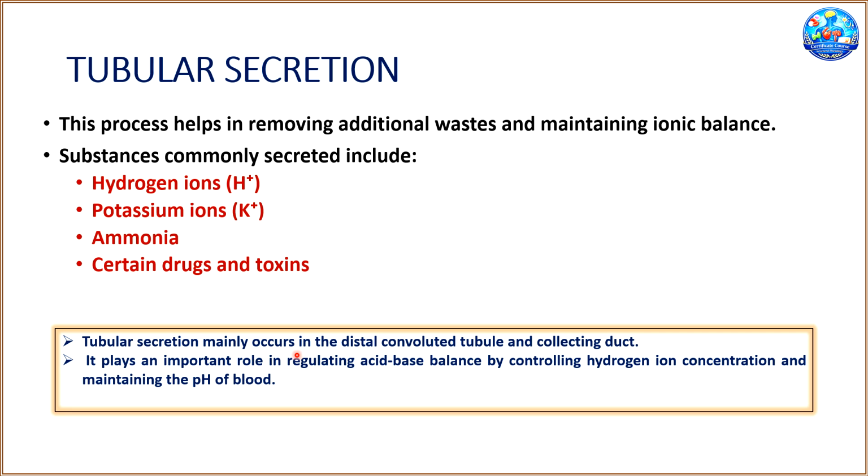Tubular secretion mainly takes place in the distal convoluted tubule and the collecting ducts. This is mainly responsible for regulating the acid-base balance, by controlling the hydrogen ion concentration, thereby maintaining the blood pH.